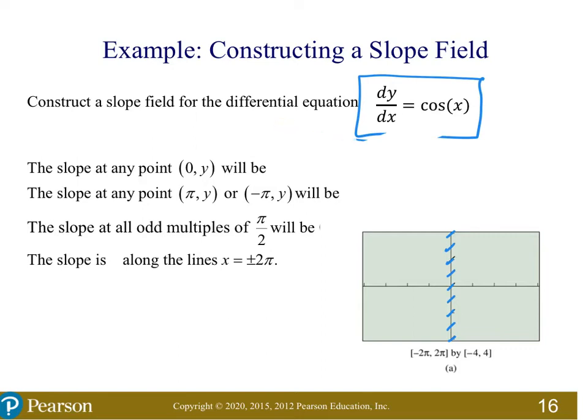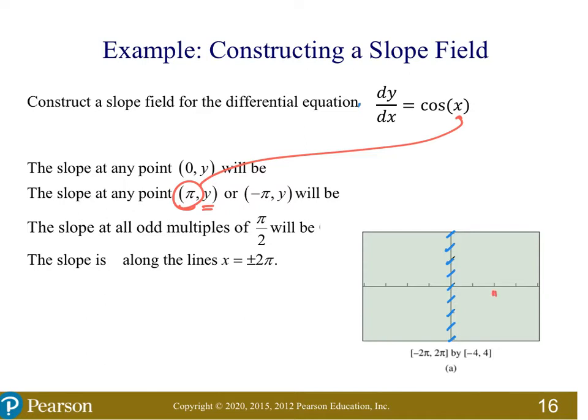Now let's take a look at any point with an x-coordinate of pi. Any random y-coordinate, but an x-coordinate of pi. If I put pi into cosine of x, I'm going to get -1.